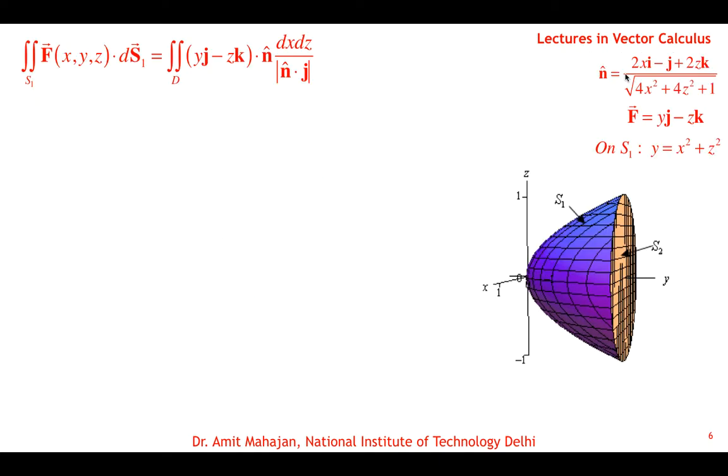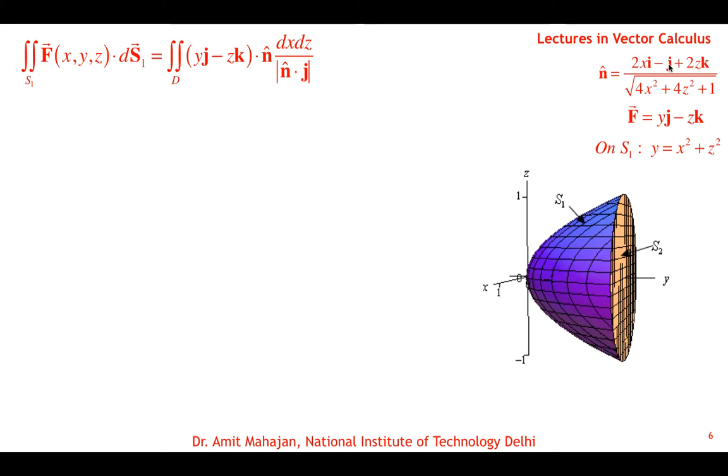We have a unit vector, the field, and on S1, y is equal to x square plus z square, this paraboloid. So this double integral will be F dot n into ds, and ds will be dx dz over n dot j by formula.